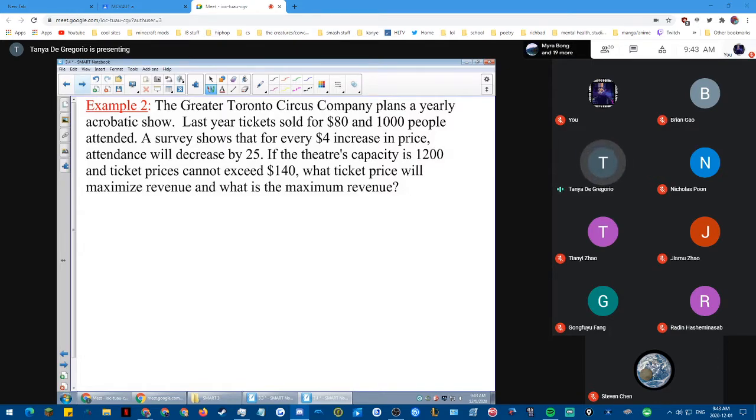So if you increase the price by $8, 50 fewer people will come, and so on. If the theater's capacity is 1,200 and ticket prices cannot exceed $140, so they don't want the ticket price to go over $140, what ticket price will maximize revenue, and what is the maximum revenue?